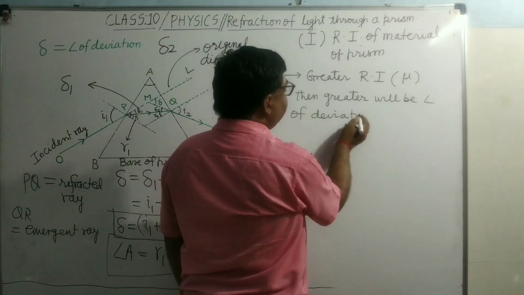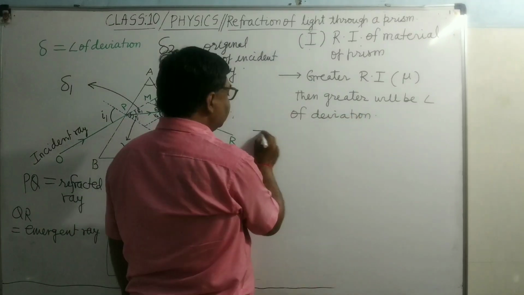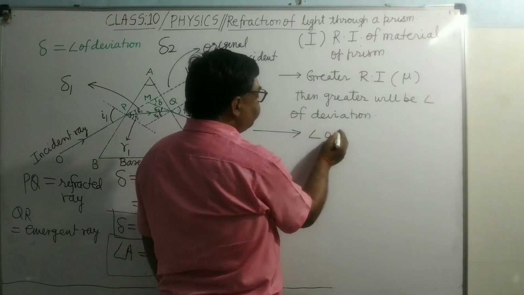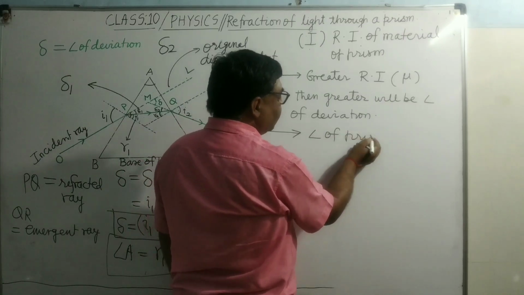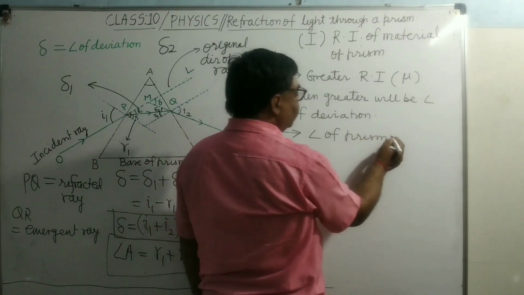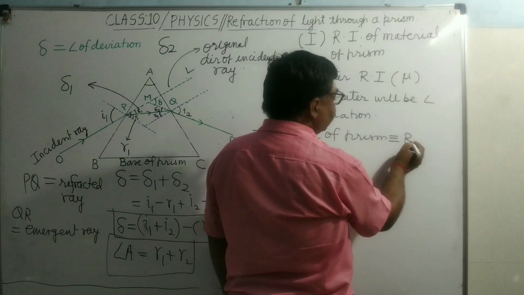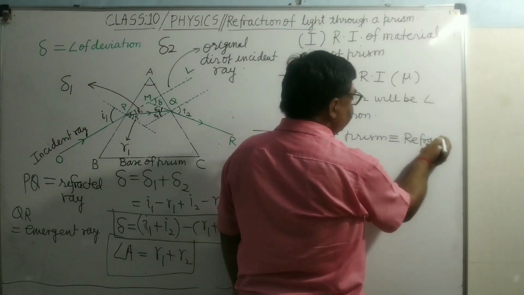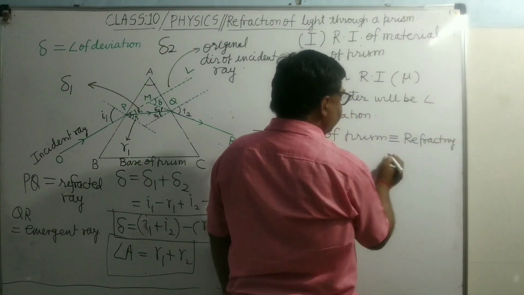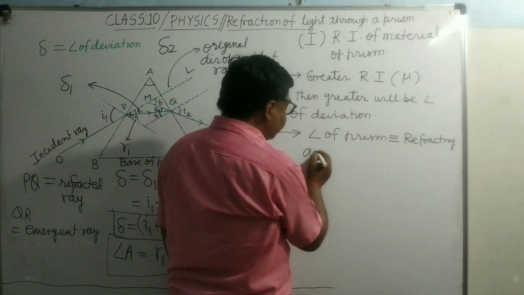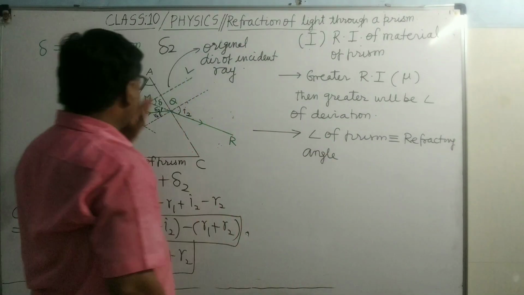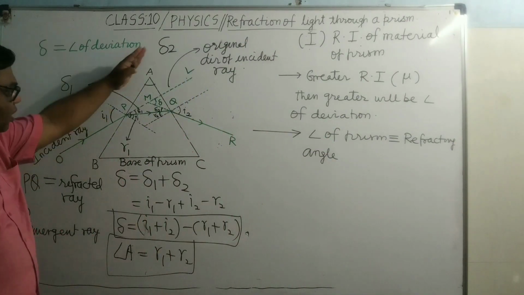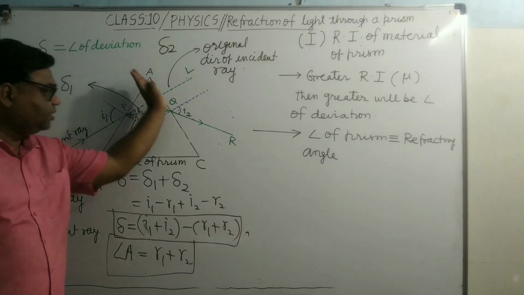Then the second factor is the angle of prism. Angle of prism is known as the refracting angle. Refracting angle means the angle between both the refracting faces. One refracting face is AB, the other is AC.